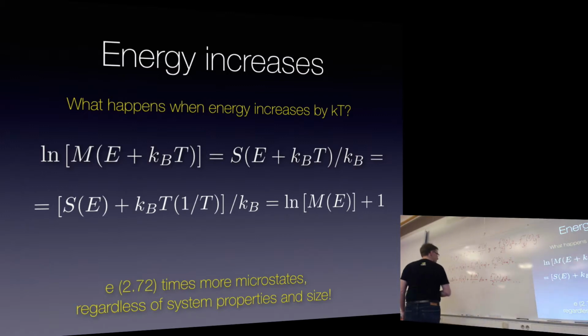So if we now do this for the entropy, let's see, S as a function of E plus kT, and let's expand around the value E. Then we're going to have S as a function of E, just the value, plus the derivative, which you could write S prime or just dS/dE, divided by 1 factorial, multiplied by the small value, kT.